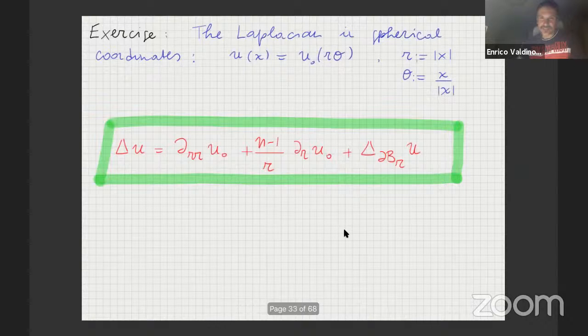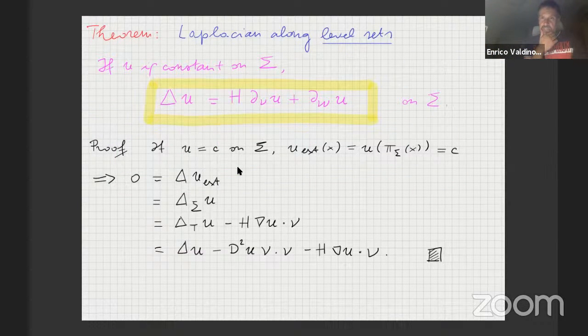You don't have to miss it, because it's the one that in the Laplacian in spherical coordinates produces the term related to the first derivative. In many courses you prove this formula just for rotational invariant functions, but we proved it more generally, if u is not necessarily rotational invariant.